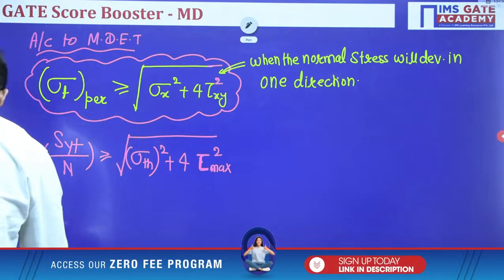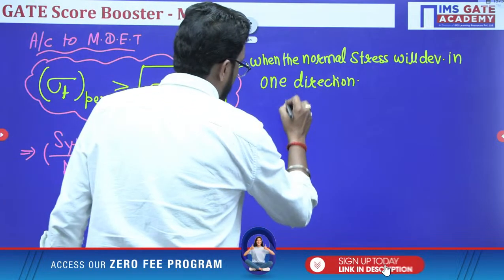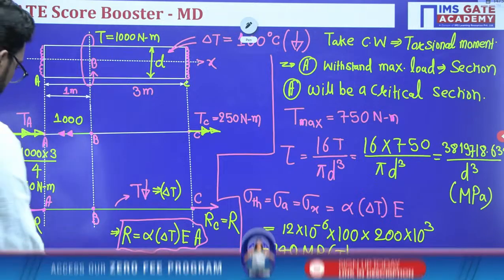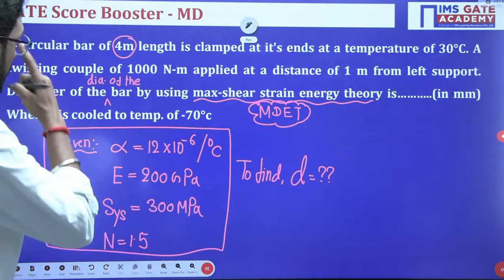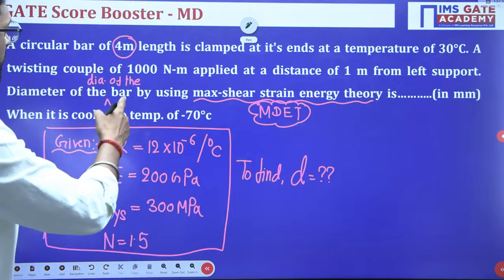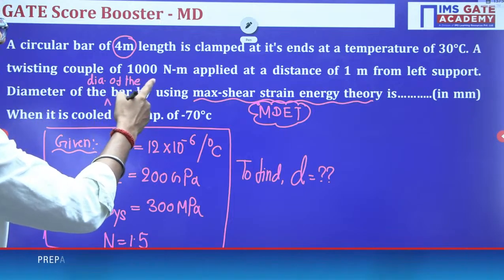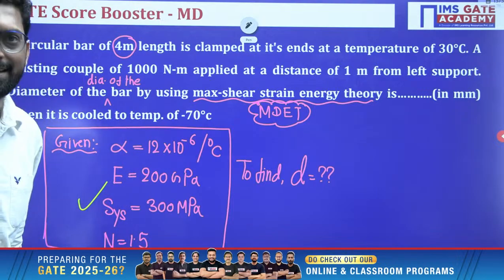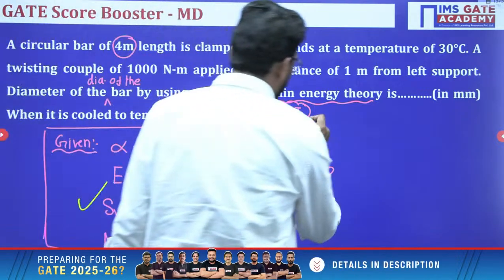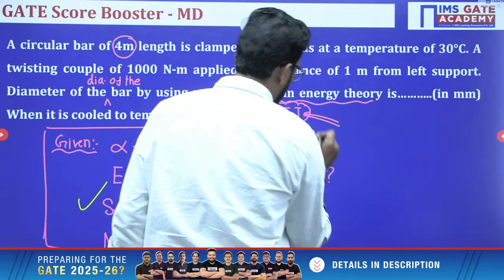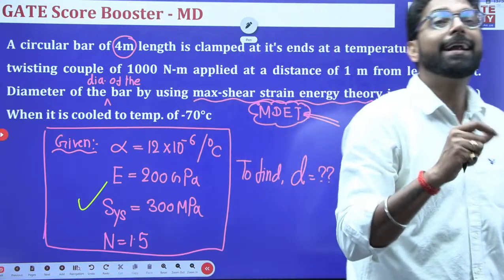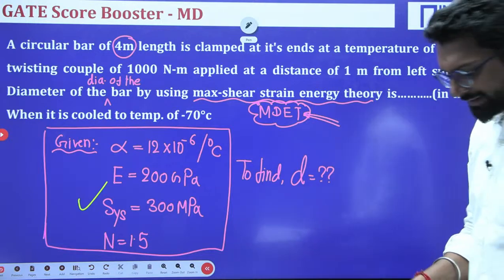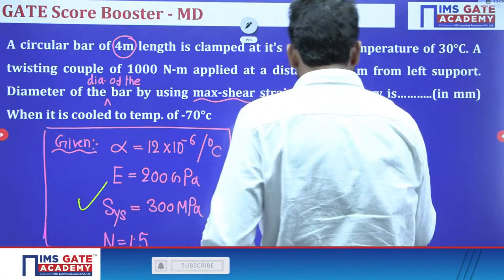Now, my dear, we know that here the shear strength value is given. In this question, yes, the yield shear strength is given. So according to MDET, what is the relation between yield tensile strength and yield shear strength?